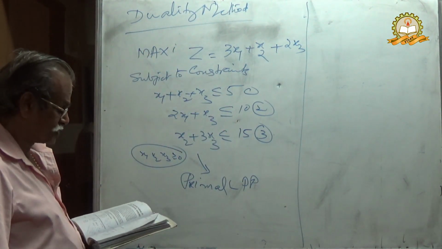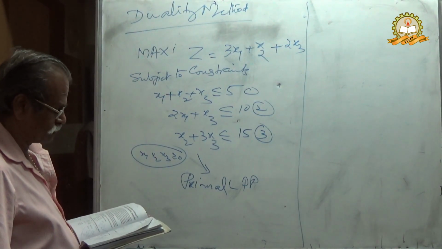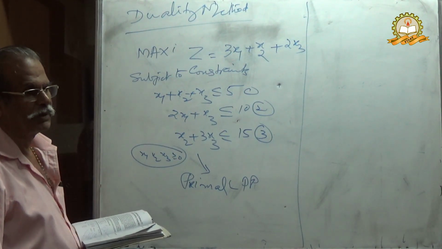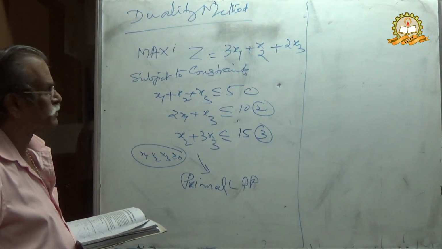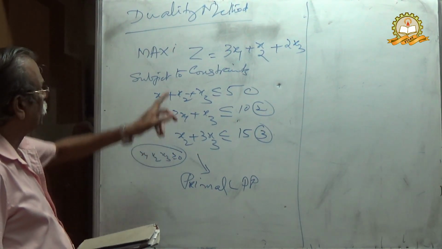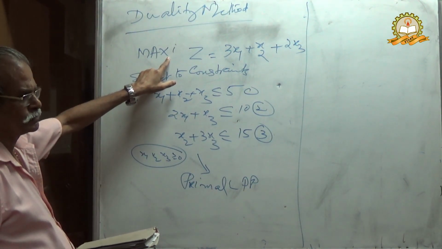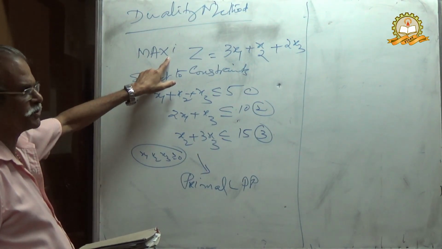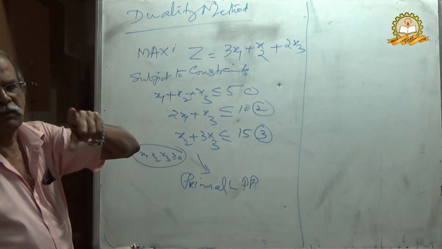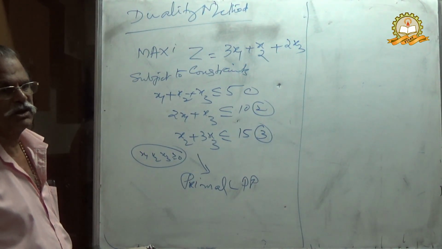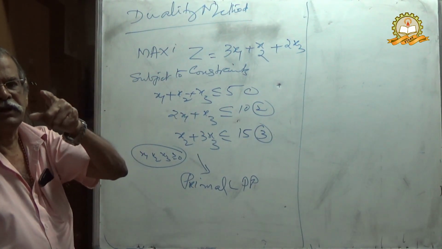Maximize Z equal to 3x1 plus x2 plus 2x3 is the primal. Then first condition: here the problem given is maximization. Therefore its dual will be minimization.